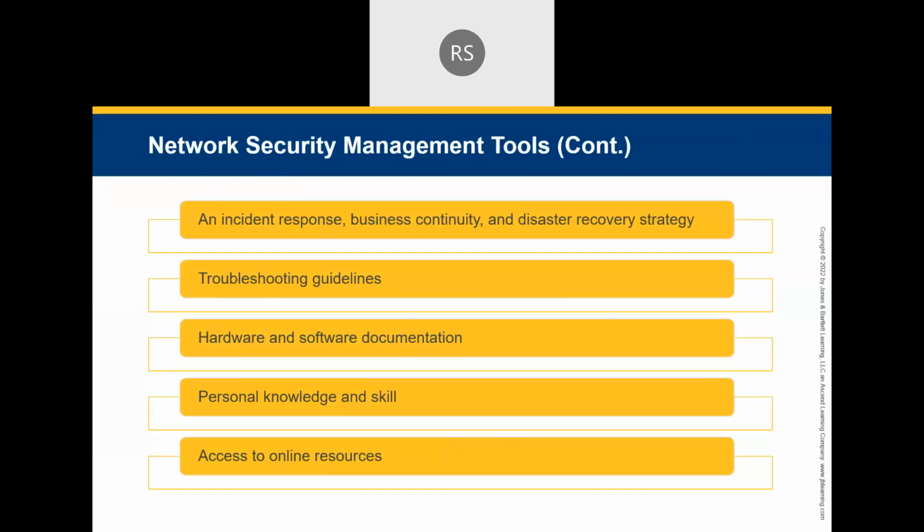You want to invest in ongoing training and development to enhance the knowledge, skills, and expertise of your network security personnel. And also, you want to leverage online resources, forums, communities. You do this to access up to date information, best practices, and also for peer support for your network security management and troubleshooting.